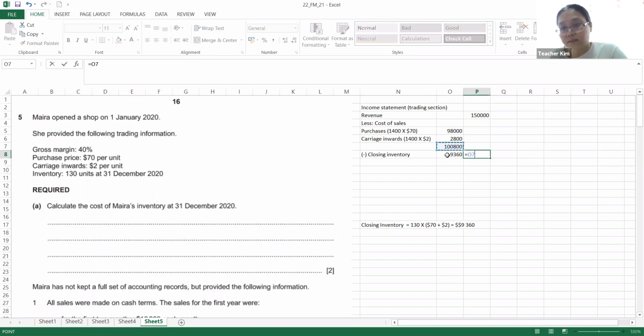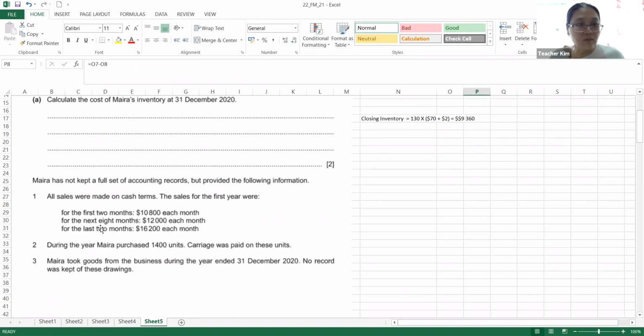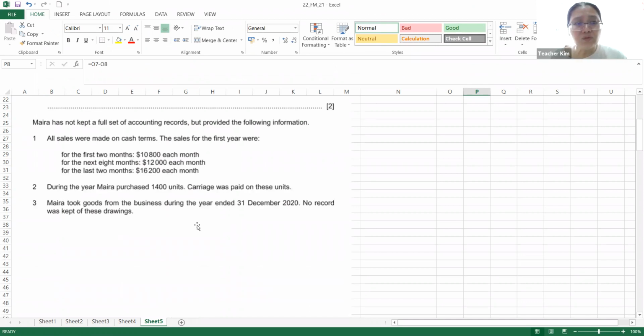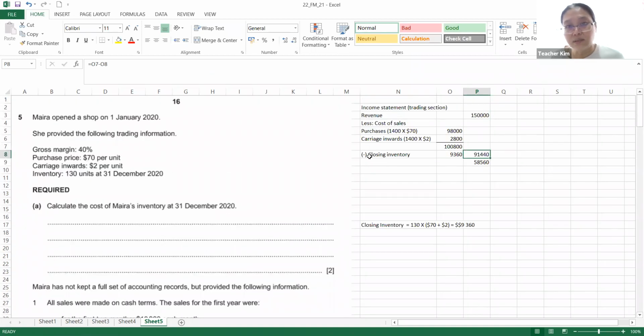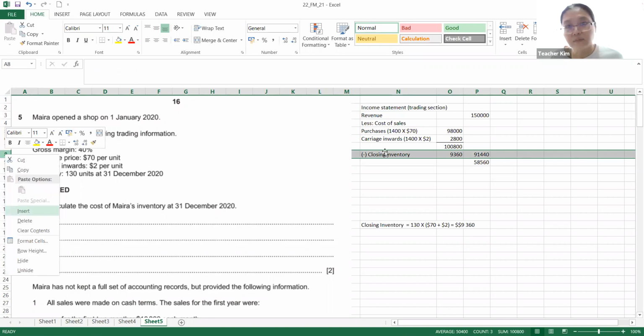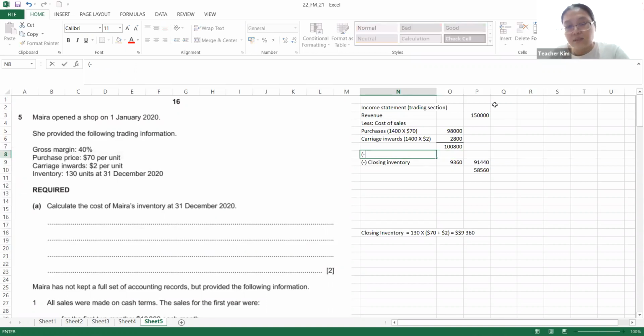So we take this minus this, and this minus this. Okay, our gross profit, let me see. Oh, here they got one more item. Maria took goods for business use, with no recording kept, for this drawing. So in here, insert drawing. Here we should less drawing, but how much we don't know.